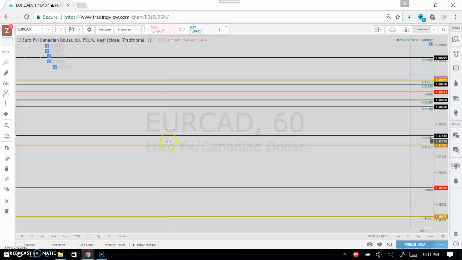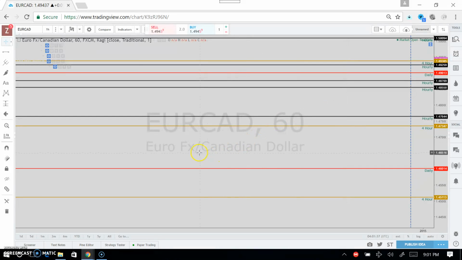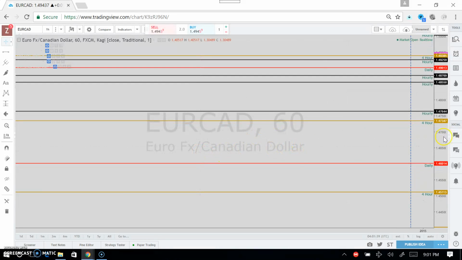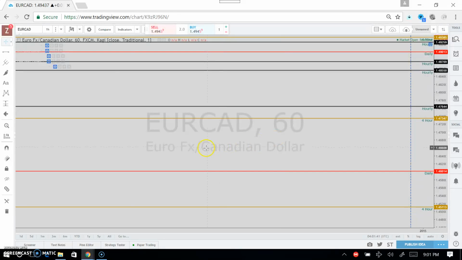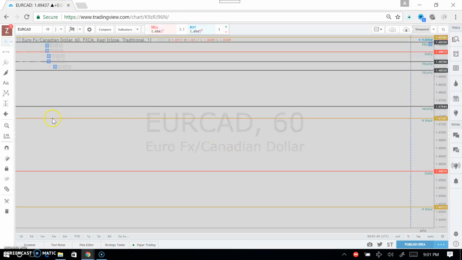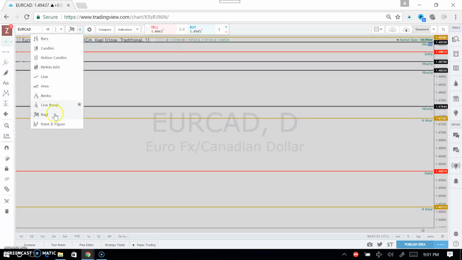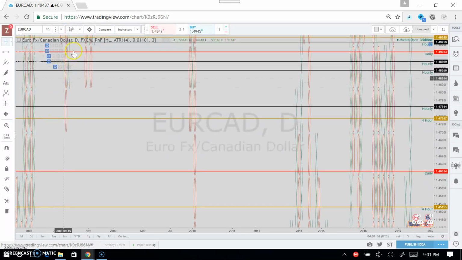And this, I personally don't know what this is. I don't even think it's going to show. Yeah, this is not going to show. I don't know what it is. I don't even think it works.